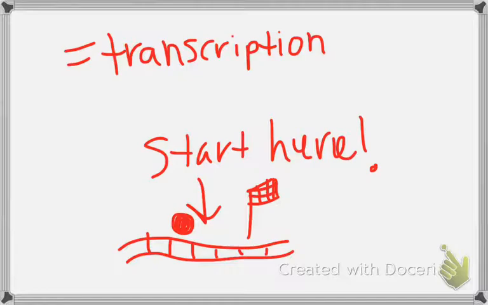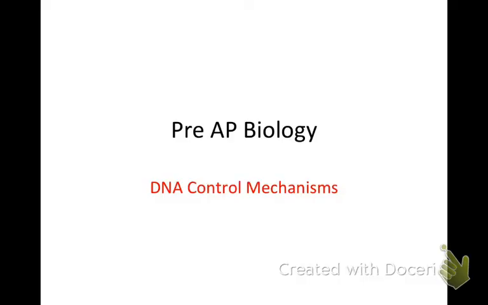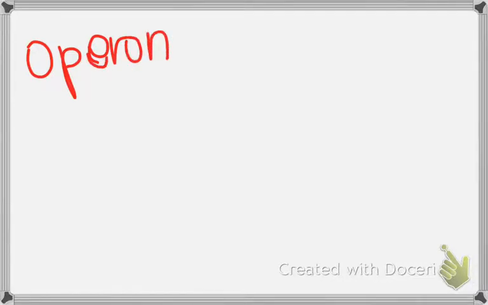So let's draw this, shall we? Alright, so let's draw an operon. You can put this at the bottom of your notes or on the back, whichever one you feel comfortable. So just put the word operon. We're going to draw an operon.